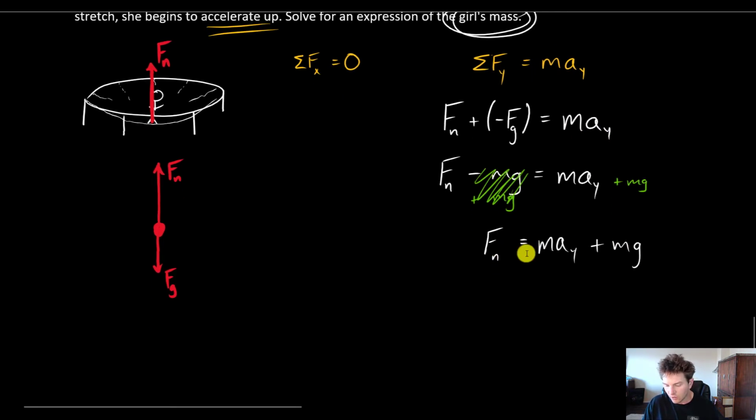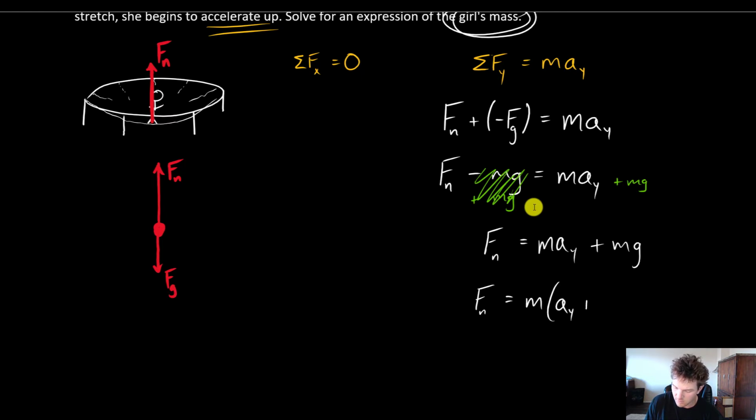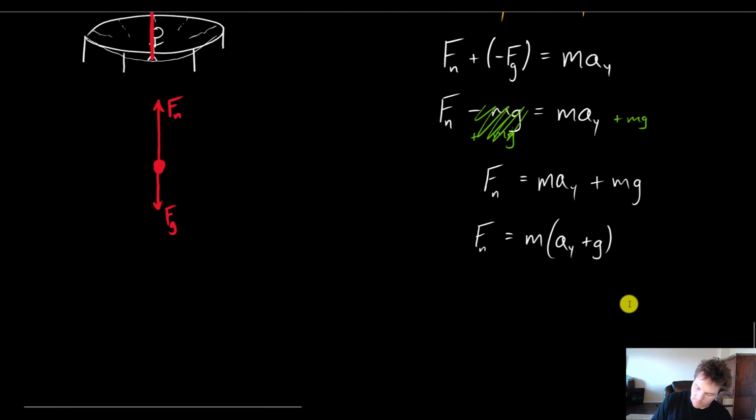Okay? Now notice what we can do. Why did we get everything to the same side with an m in it? Because now I can factor out this m. And I can finally solve for mass. So I'm going to divide both sides by acceleration in the y direction plus g.